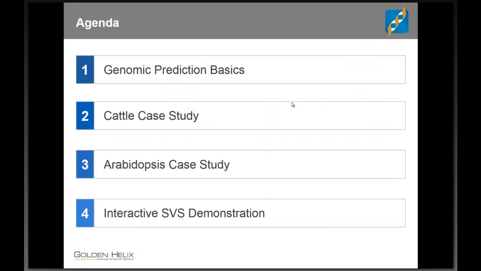So the outline for today's presentation will go something like this. We'll move between these topics a little bit, but we'll start by discussing some of the basics of genomic prediction, why it would be used, and what can really come of it. We'll mostly focus on agricultural applications today.